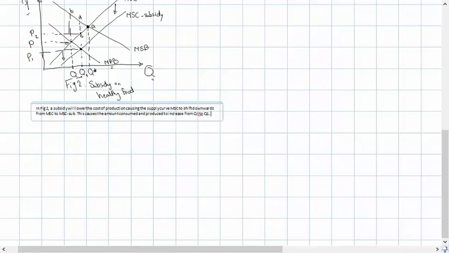So, let's start with the advantages and disadvantages along with our explanation of the graph. Society is better off as the quantity is closer to the social optimum, lowering the welfare loss from triangle ABC to ADE.